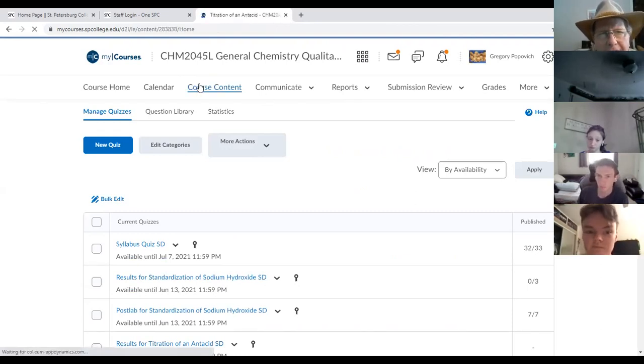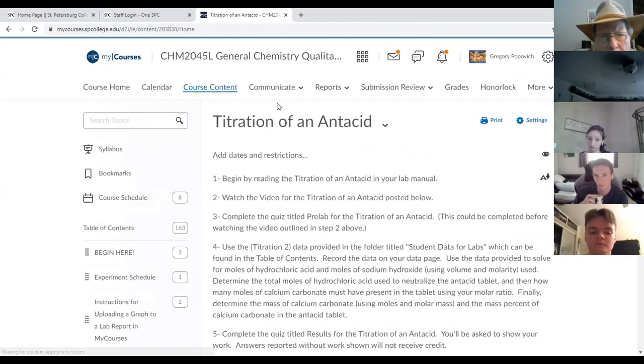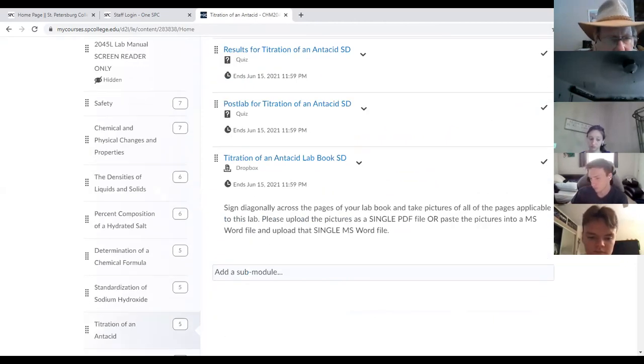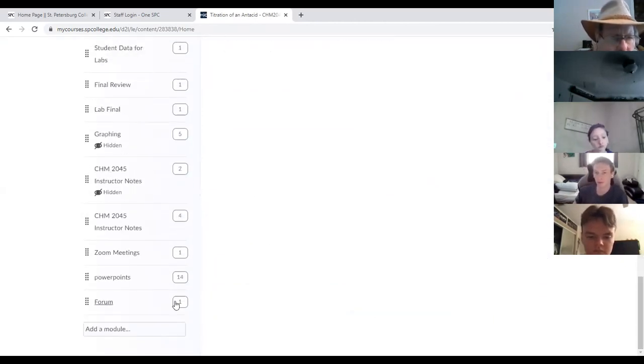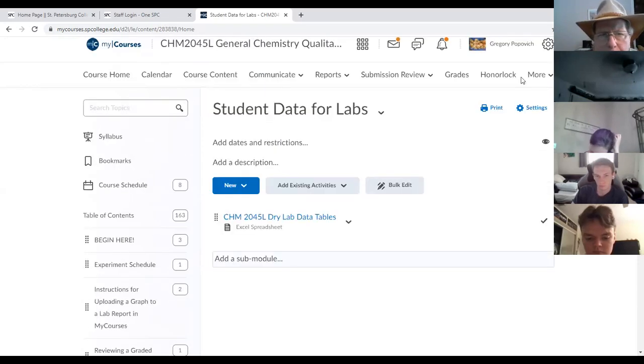Again, to get the data that you need, go to course content, go all the way down. Student data for labs. Open the sheet.